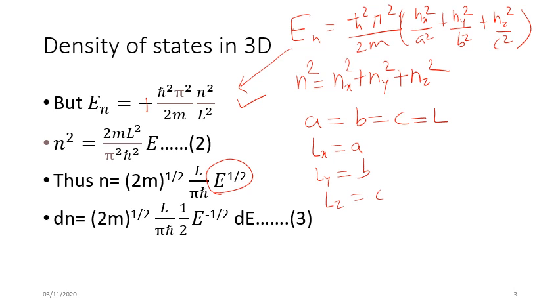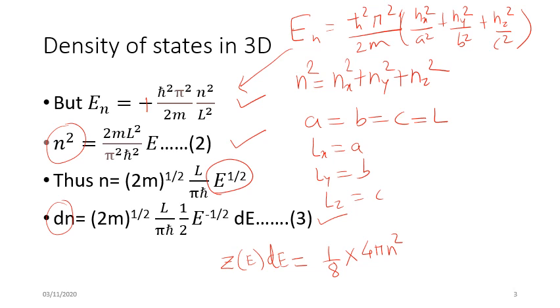This is my second equation, and this is my third equation. I need these n square and dn values because in the previous slide I wrote Z(E) dE equal to 1/8, that is one octant, into 4 pi n square, the surface area of the sphere, into dn.